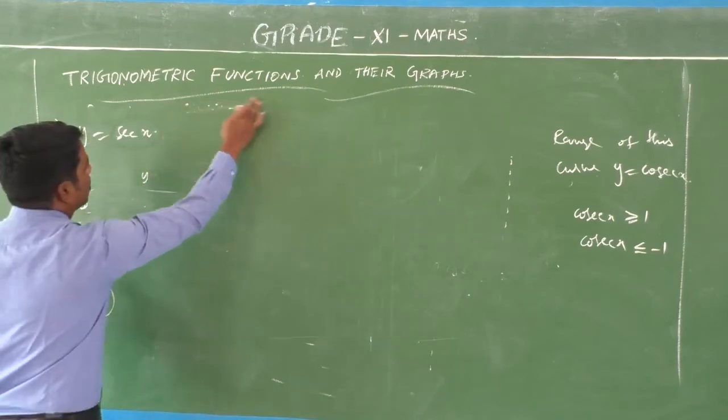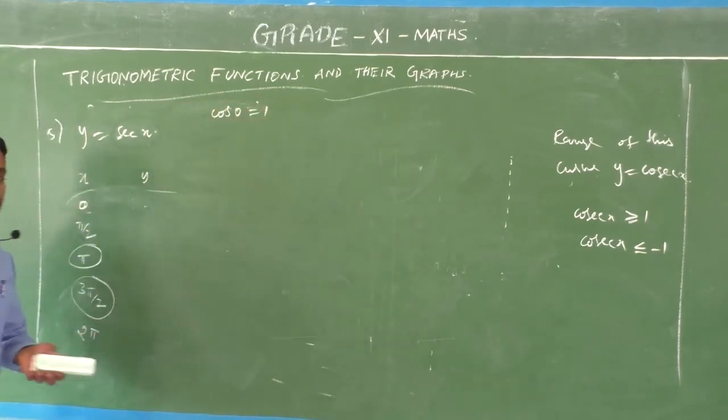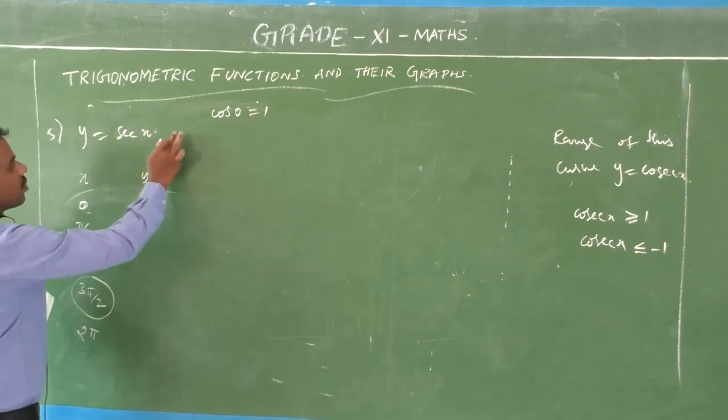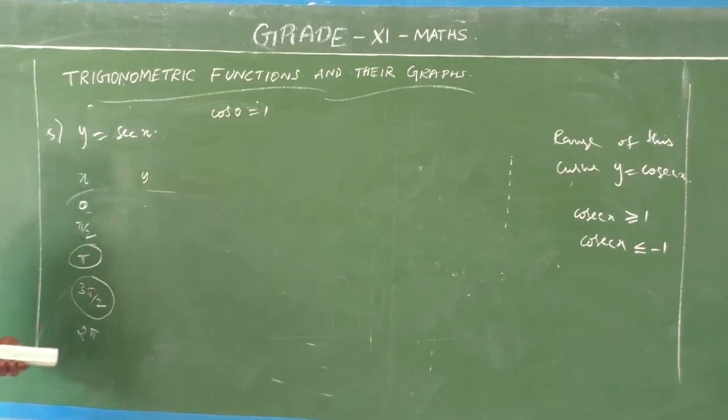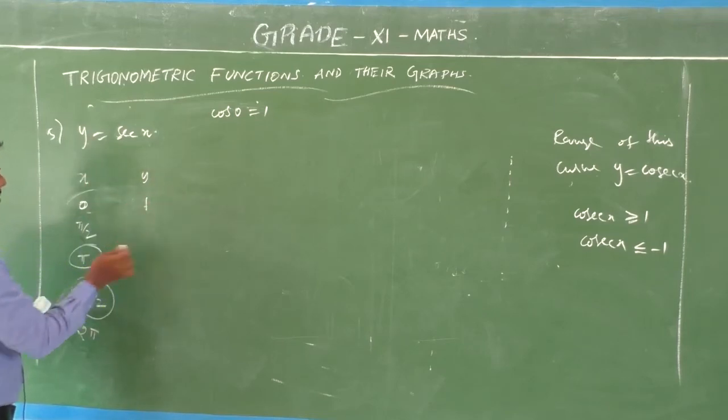How do you know? Cos 0 is 1, and the secant x curve is the reciprocal of cos x. So cos 0 is 1, then secant 0 is 1 by 1, which is 1.